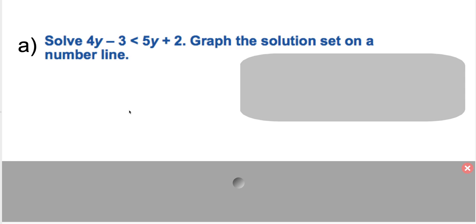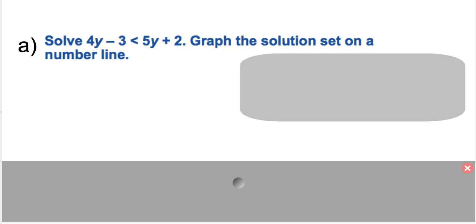Okay? So looking at this one, 4y minus 3 is less than 5y plus 2. It points to the left, that is less than, okay? You might be getting some middle school tendencies in your brain. Just follow the arrow. Left is less than, right is greater than, okay?